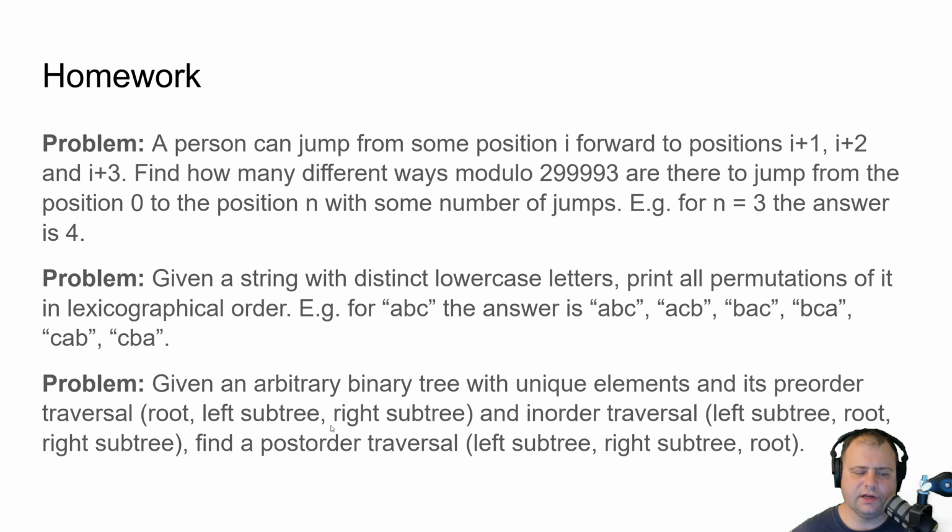So we can break this down, so basically we have two sets of indexes where the subtree is in the preorder traversal and where the subtree is in the inorder traversal. And we have basically two subtrees in this case. So we make two recursive calls. We start from 0 and n-1.